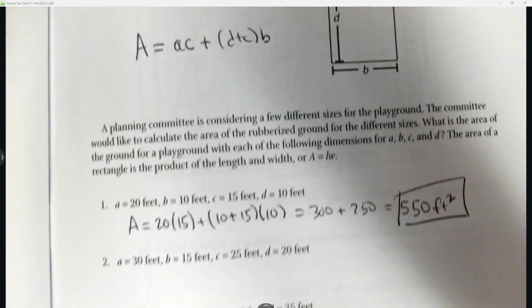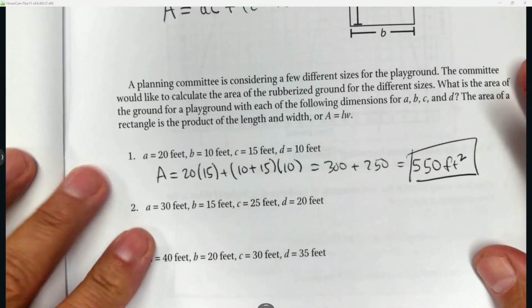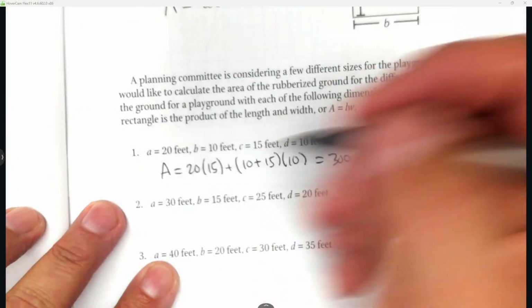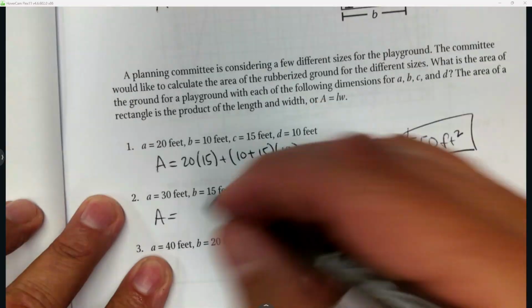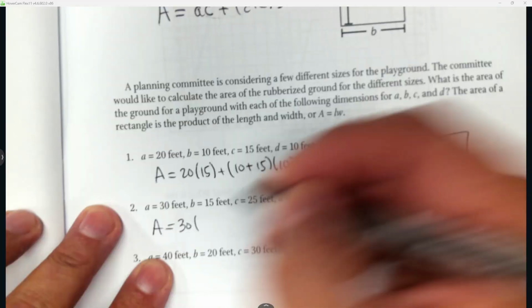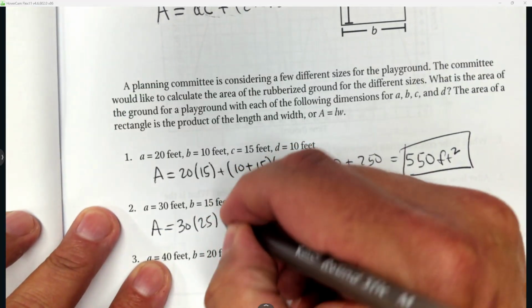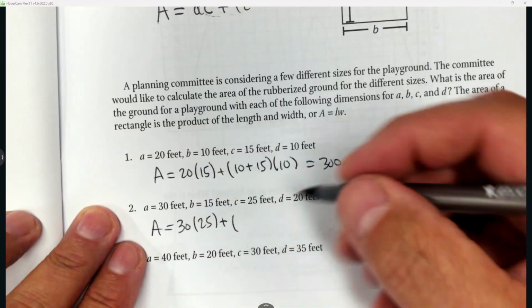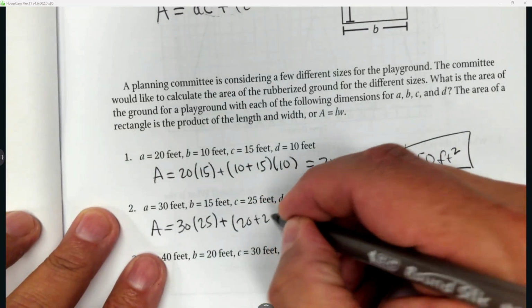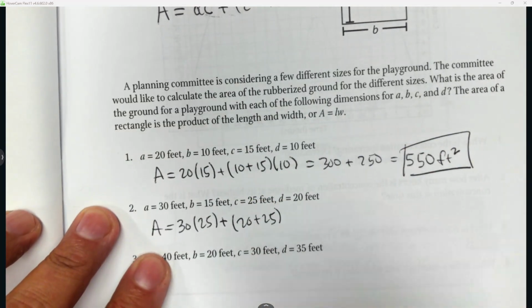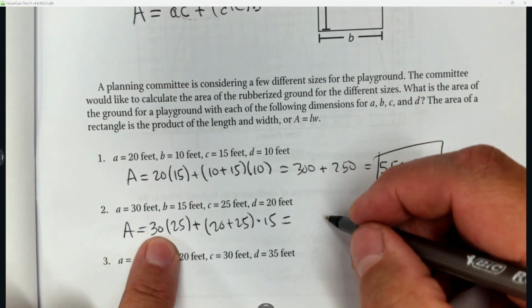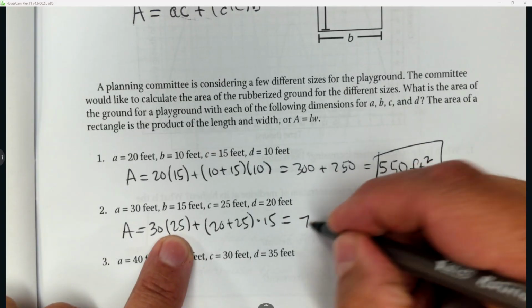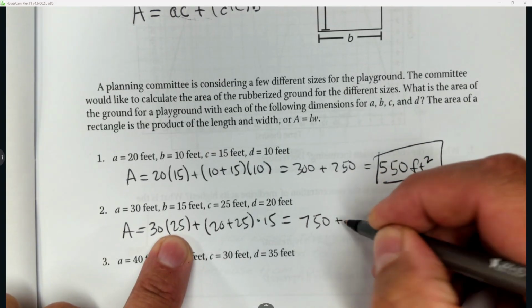And now we're just going to follow that all the way down. Let's see if all the numbers are easy to work with, like that one. So here, again, we're going to use this up here and follow that. A times C, that's 30 times 25. And then D plus C, that's 20 plus 25, times B, which is 15. So 30 times 25, that's 750.